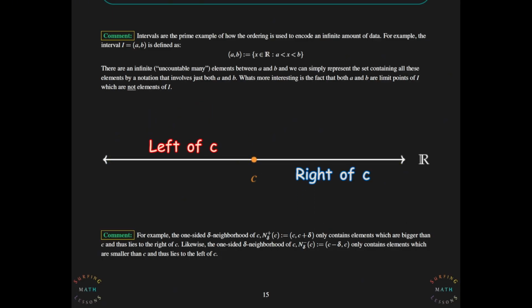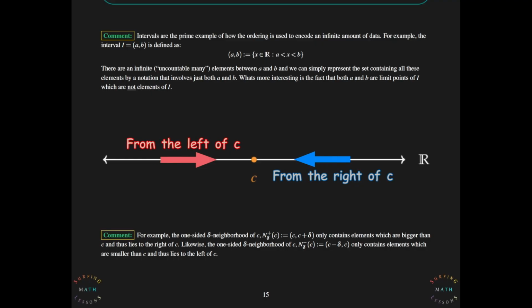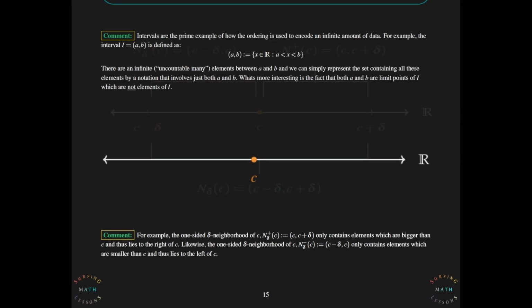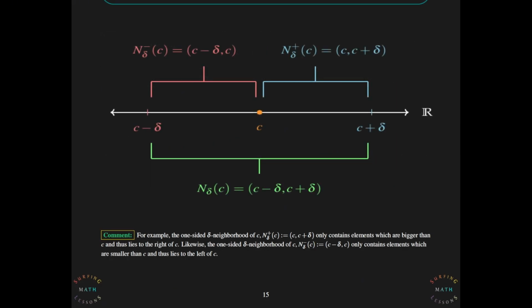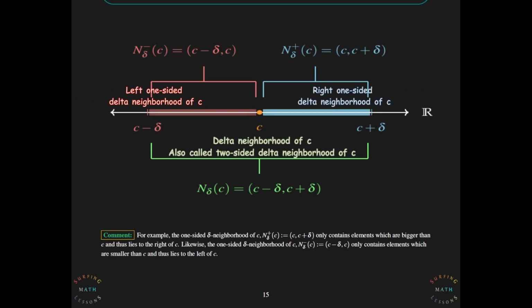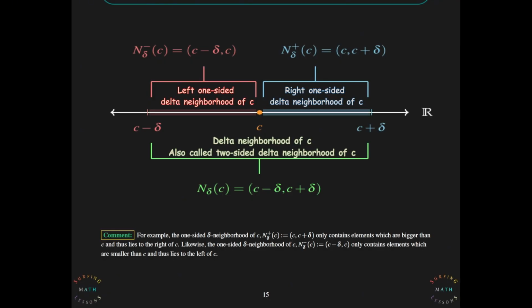Directions are then obtained by moving along the respective intervals towards the point C. In the same way C divides the real line into two disjoint intervals, it also divides every single delta neighborhood of it into two one-sided delta neighborhoods. Let us now restate the definition by using one-sided delta neighborhoods and then move to define approximations via a single direction.